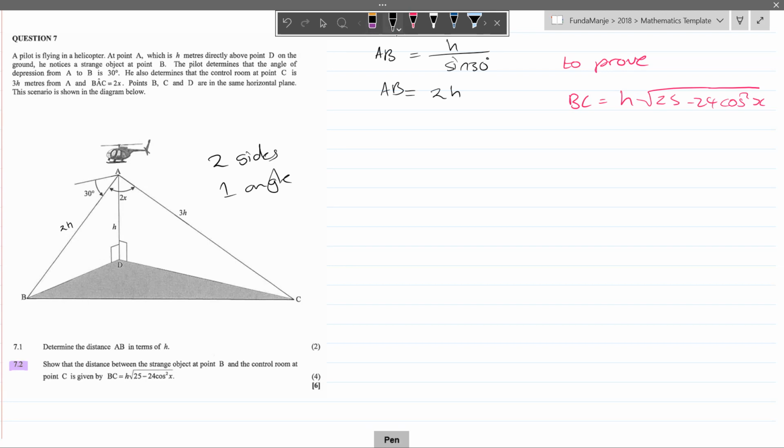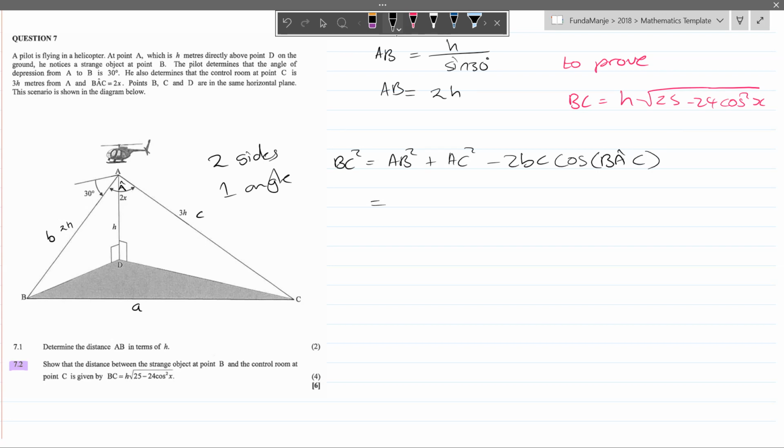So in terms of the cos rule, this would be our A, this would be our B and C. B and C can be interchanged, and then this will be our angle A. So if I were to write down the formula in terms of the sides given, what we're looking for is BC. So BC squared is equal to AB squared plus AC squared minus 2 BC cos of, in this case, BAC, that angle in there.